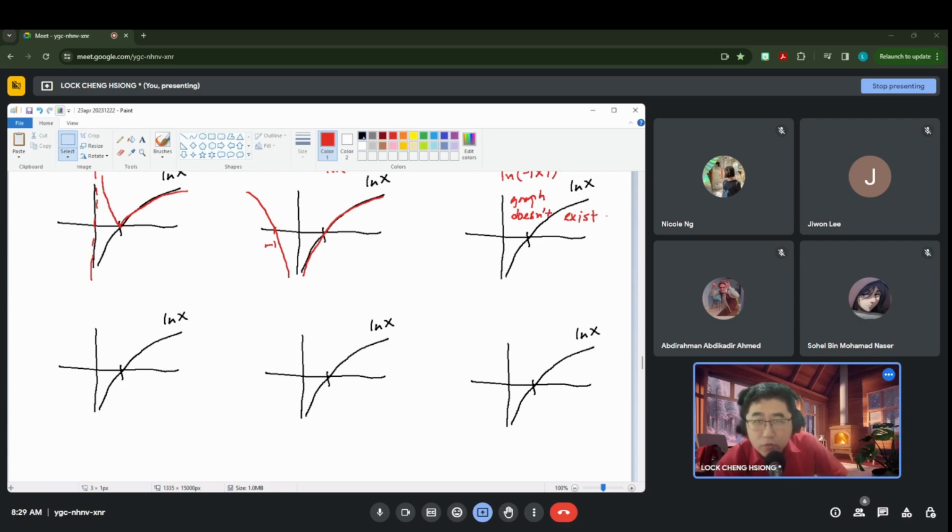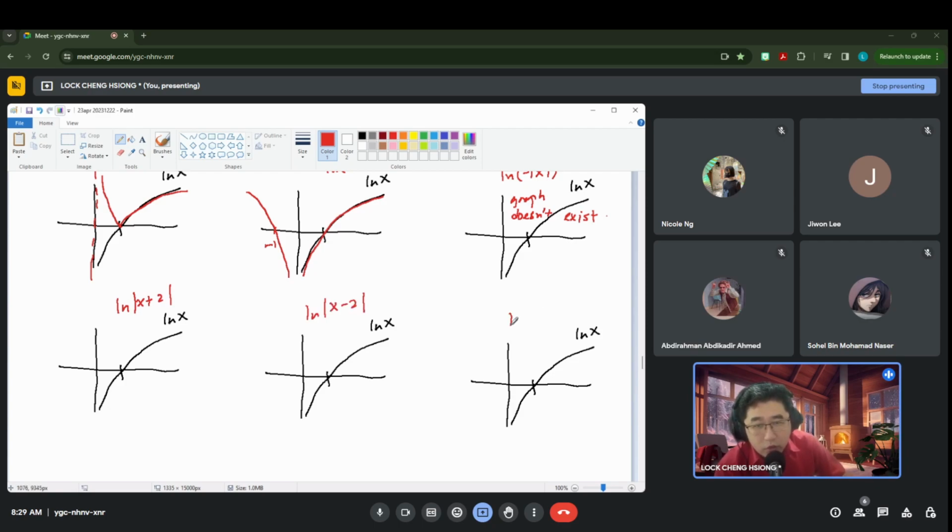Okay. So what if I have a ln of modulus of x plus 2? Ln of modulus of x minus 2.